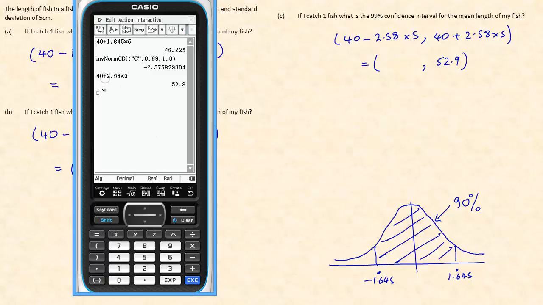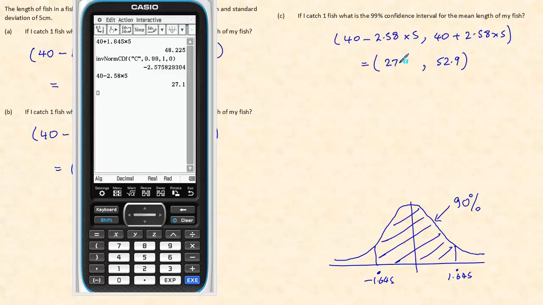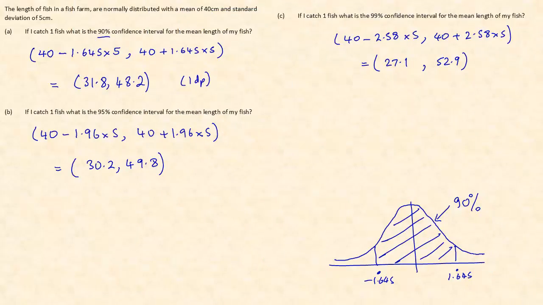And we want it also with a minus, and that's 27.1. And you'll notice that the interval got wider as our confidence level goes up. Now you'd expect that to be the case. To be more confident, you'd want a wider interval.